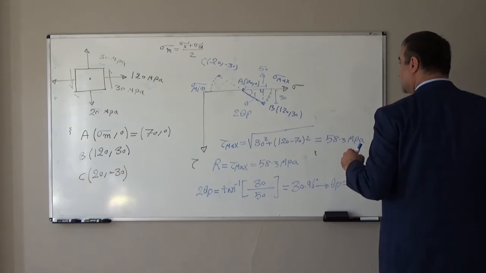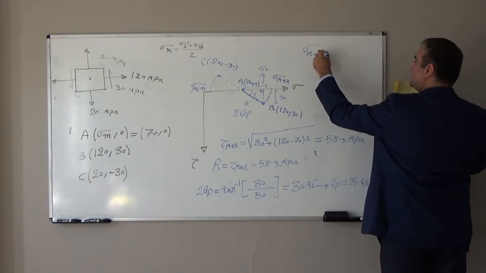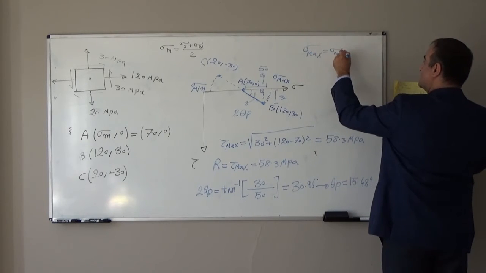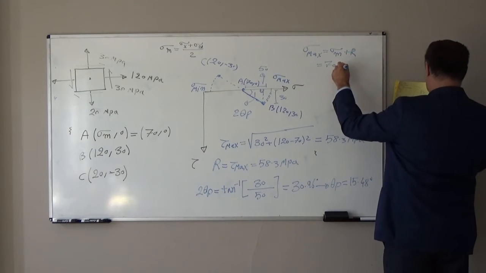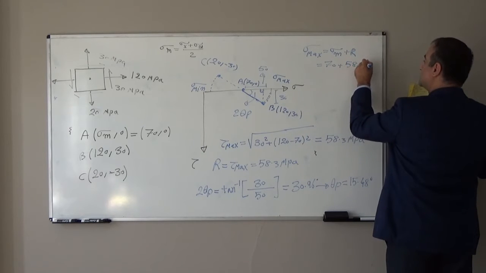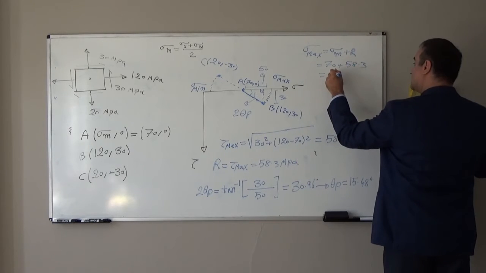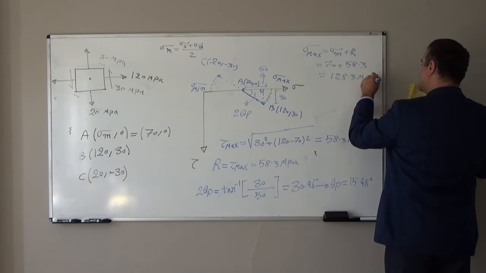Now, let's find sigma max. Sigma max will be sigma mean plus R, that is equal to 70 plus 58.3, which equals 128.3 megapascal.